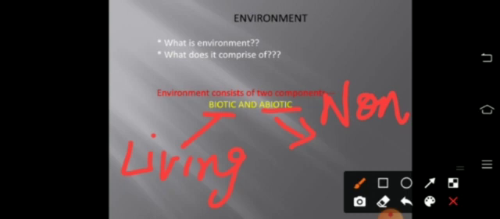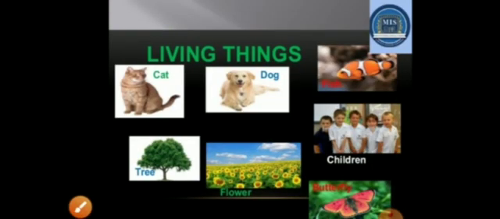Now let us have a look at which things from our surrounding come under biotic component and which come under abiotic component. Cat, dog, trees, children, flowers, all these come under living things, and thus they make the biotic component of our environment.